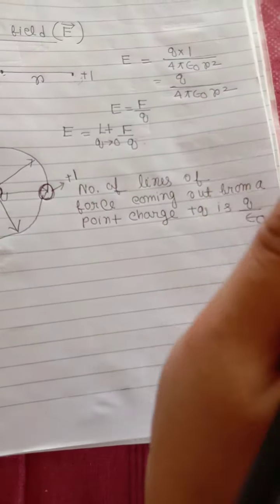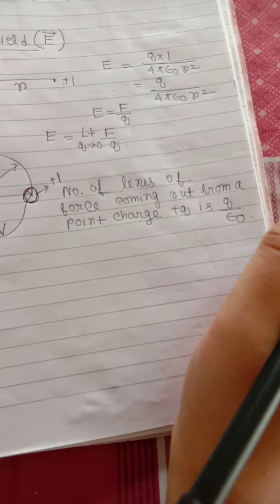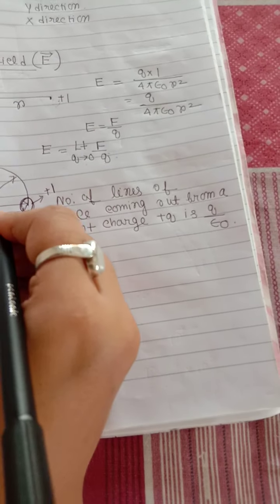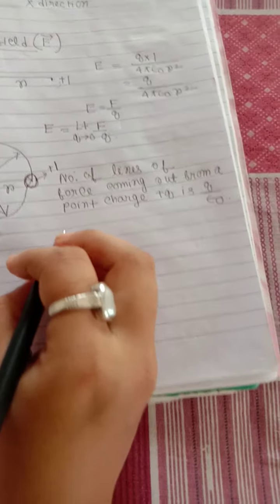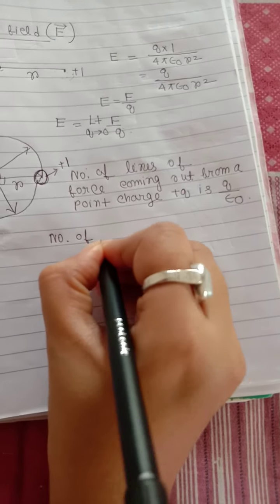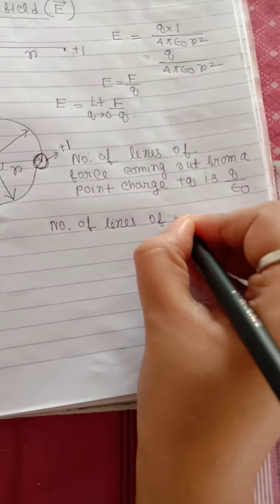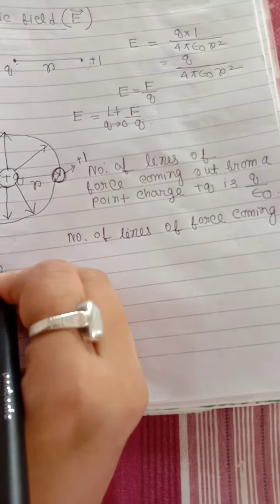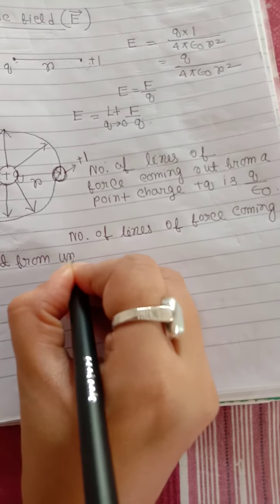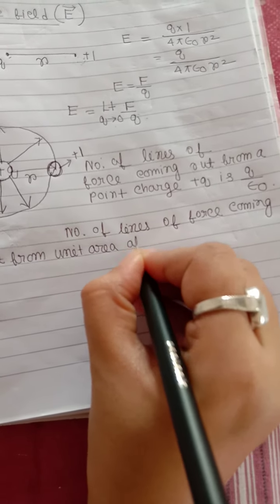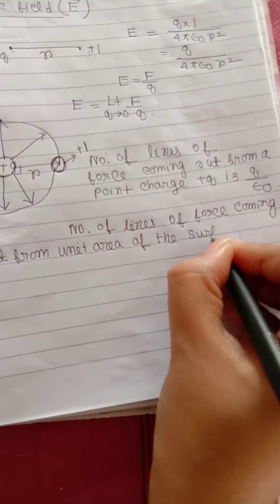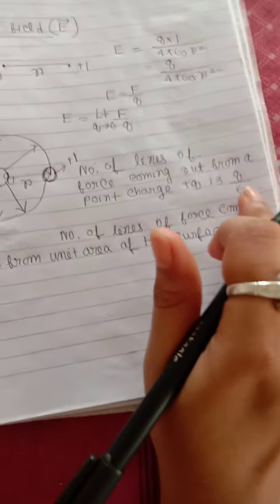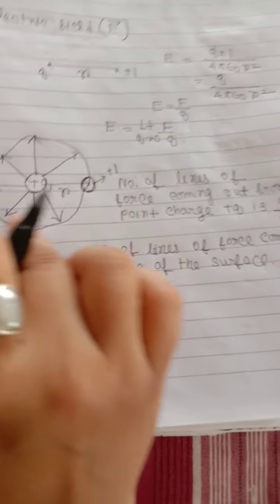If I have a unit area over here, how many lines of force come out from the unit area? If we divide by the area of the sphere, considering a sphere of radius r here, the number of lines of force coming out from the unit area of the surface, which is a spherical surface with total area 4 pi r square, is q by epsilon 0, because the area of the sphere is 4 pi r square.